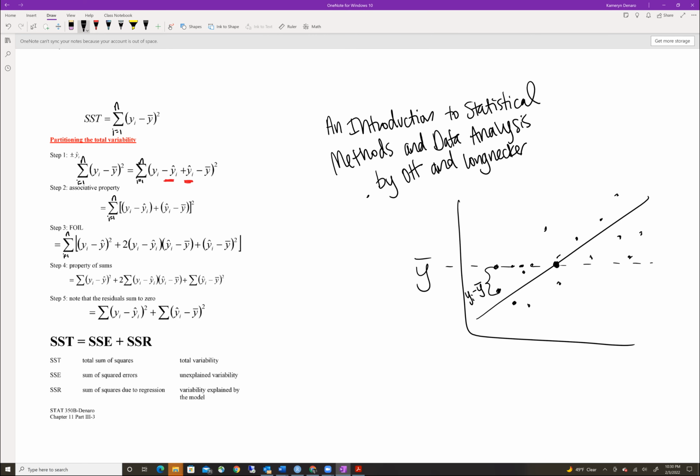So we'll have 3 pieces. One is our sum of squared errors, this first piece, our yi's minus our y hat i's.